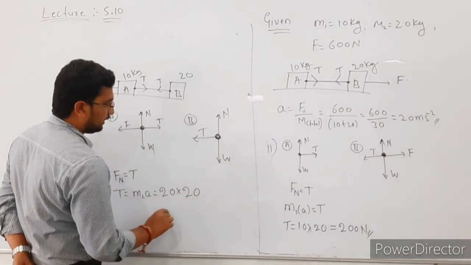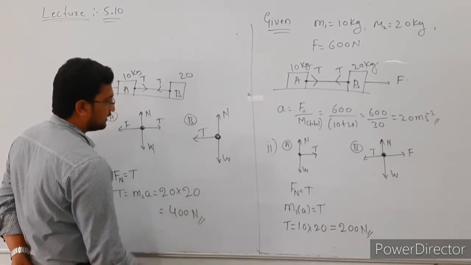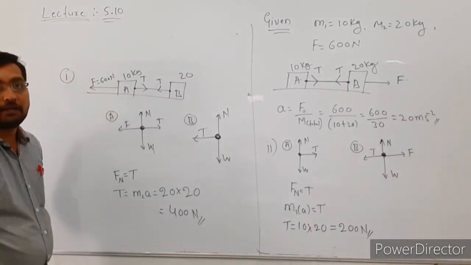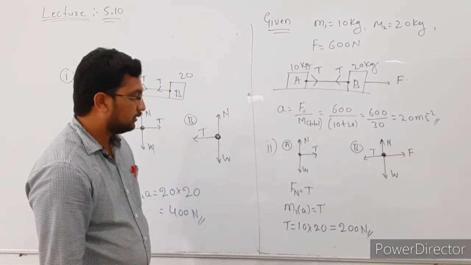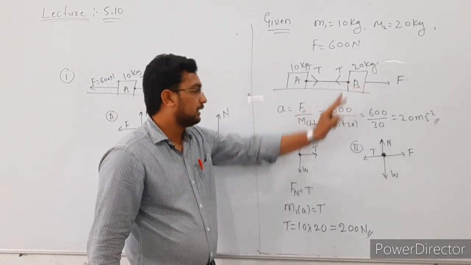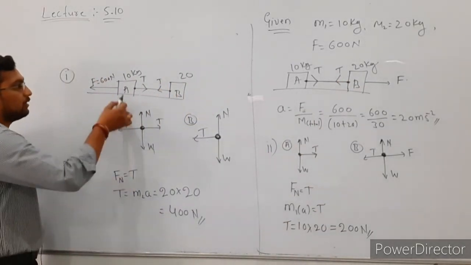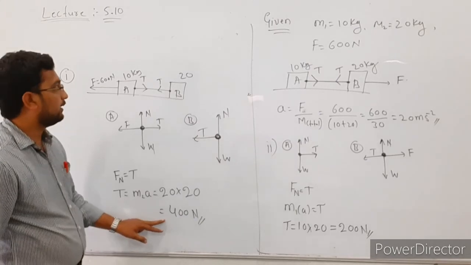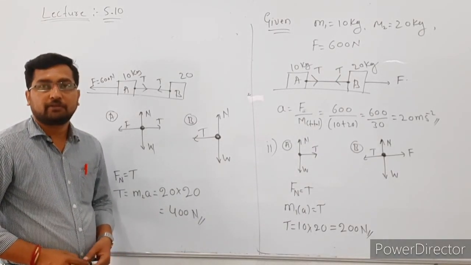So 20 into 20 is 400 Newton. So tension inside the string is 400 Newton. So the acceleration of the system is 20 meter per second square, and if the force is applied on the second body B, then the tension developed inside the string is 200 Newton. If the same force is applied on the first body, the tension developed inside the string is 400 Newton. Okay, thank you.